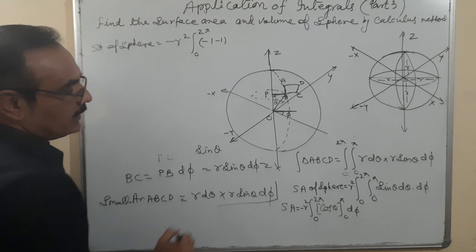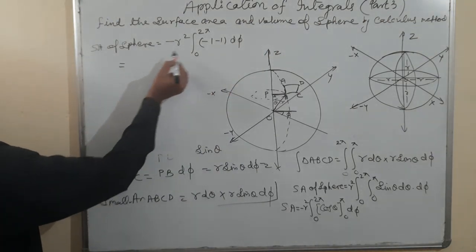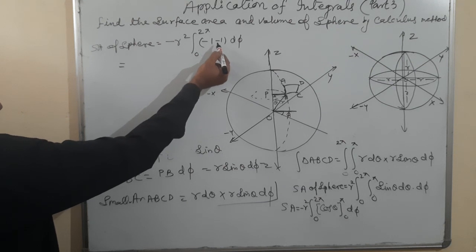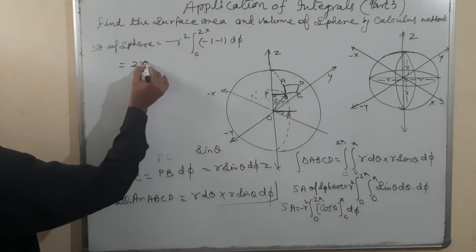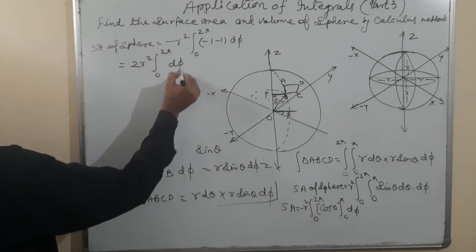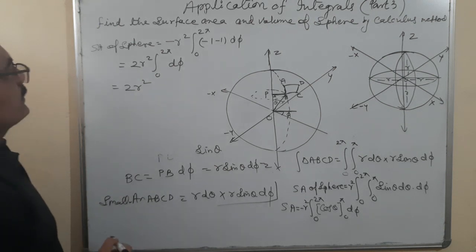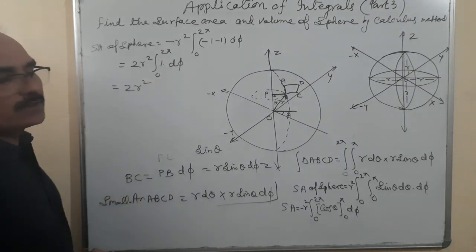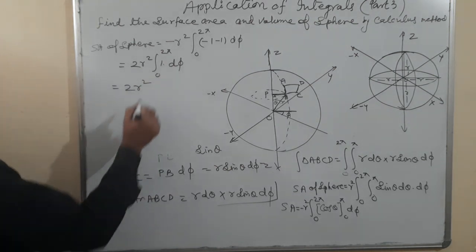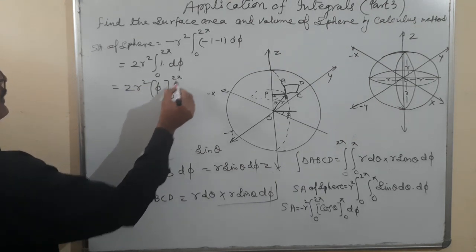And d phi. So it is coming minus 2, a constant term, minus 2 multiplied by r square, it is 2r square, 0 to 2 pi d phi. Now 2r square d phi, nothing else is here, that means 1. So what is the integration of 1? It's phi, limit 0 to 2 pi.